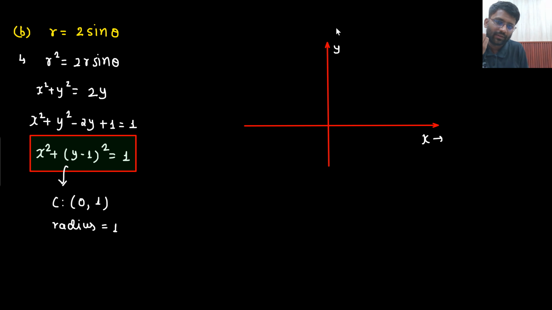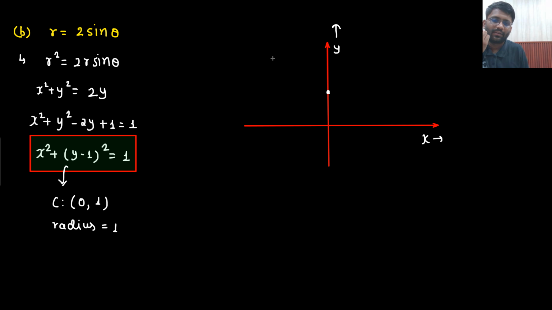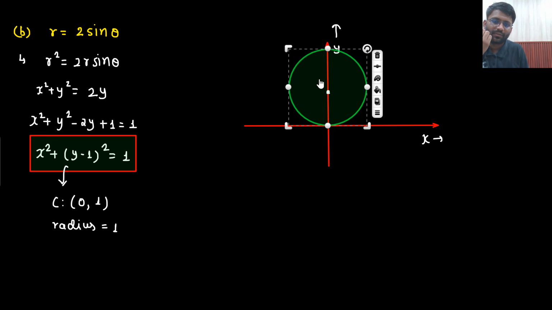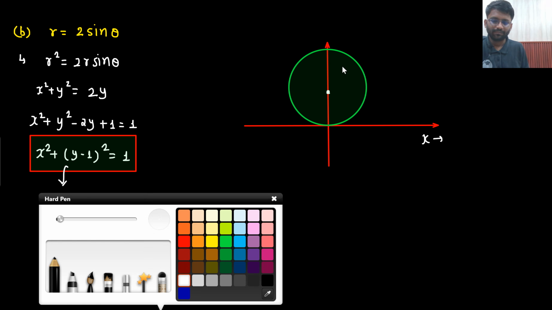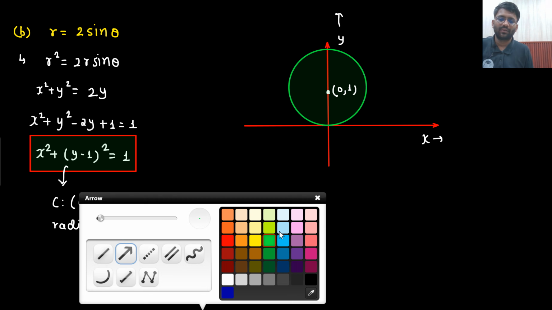X, Y. Center at (0, 1) and radius of 1. So this is how it would look. Say yes or no. Absolutely, sir.